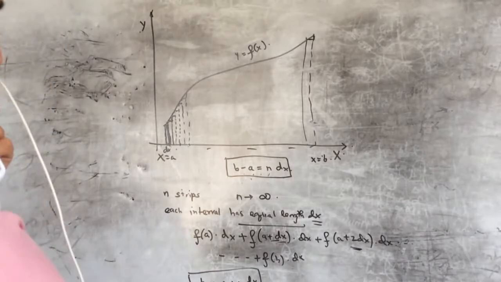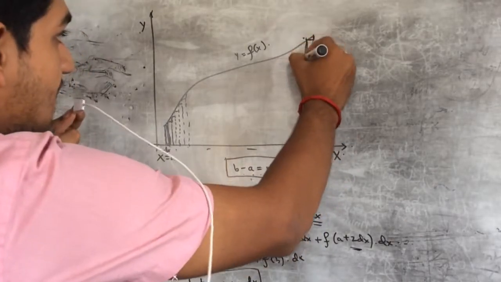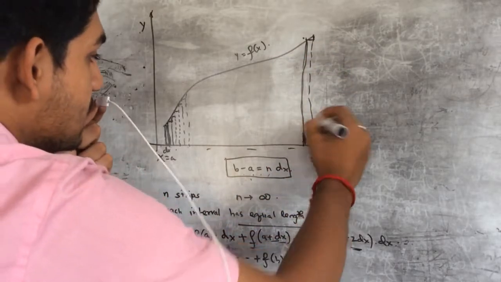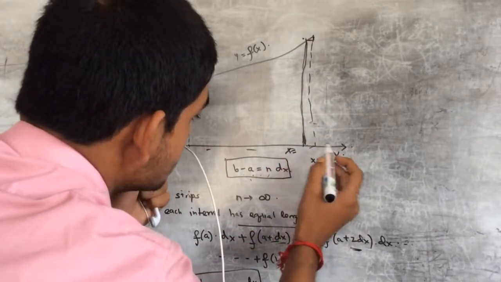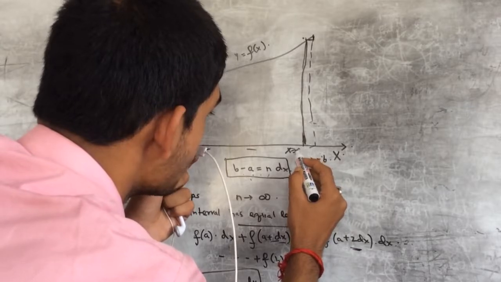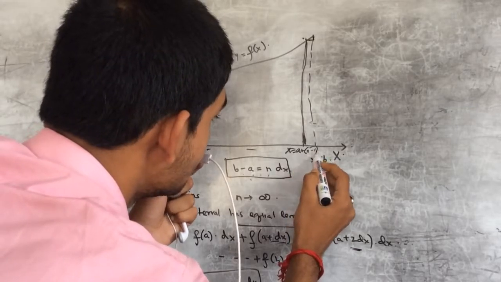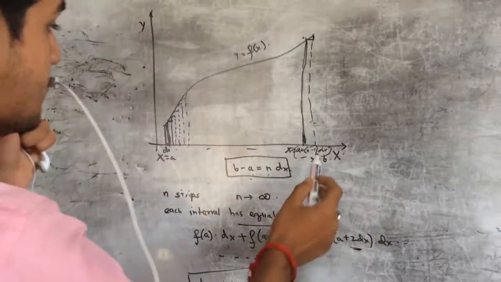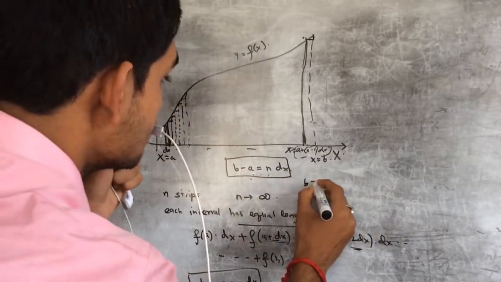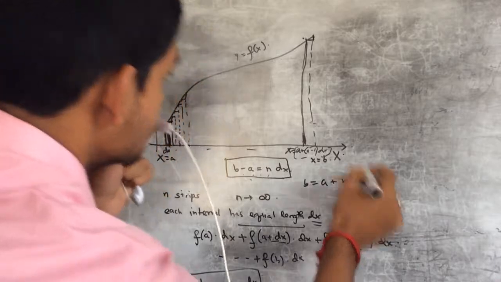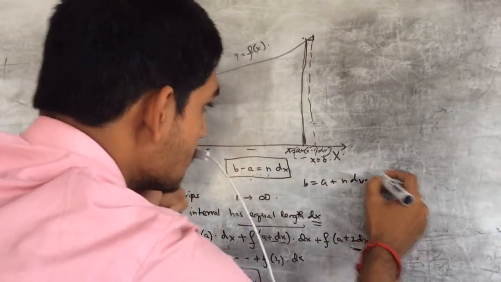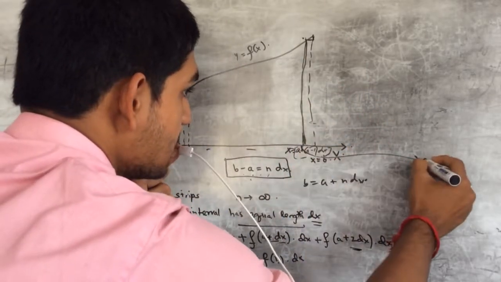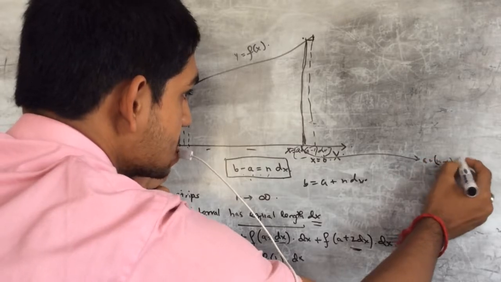The last strip is at x equals A plus (n minus 1) dx, because B equals A plus n dx, but this strip is the previous strip, so this x is A plus (n minus 1) dx.